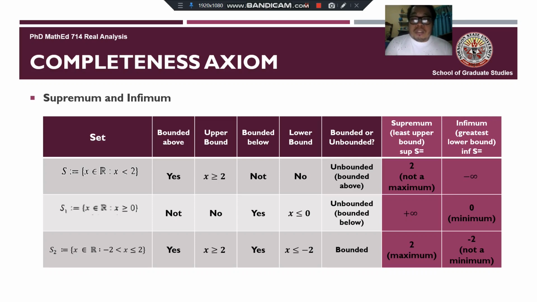Since we have the upper bound, that is x is greater than or equal to 2. Then for its infimum, that is negative infinity, so it doesn't contain lower bounds, since it is not bounded below.